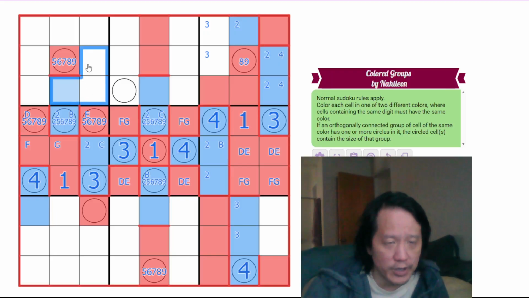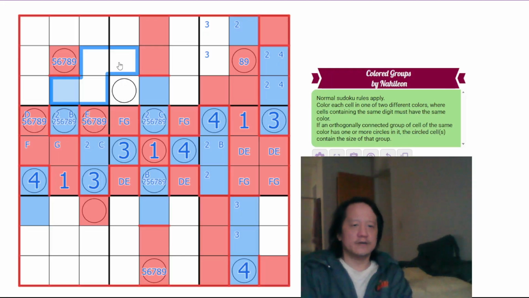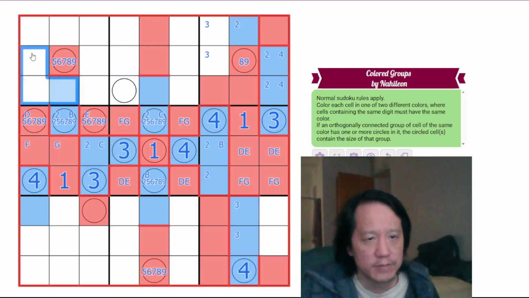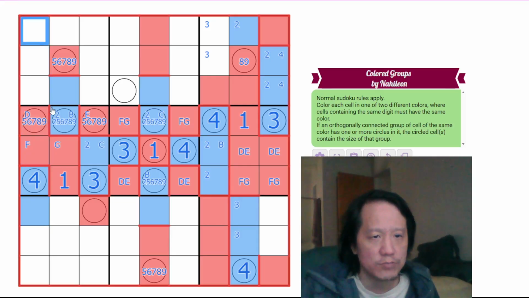This would be blue, blue at... I guess it could connect here. Oh. Dang it. Okay. If we try to go blue here, and then blue here, the problem is that's 4 blues already in column 1, so this would be red, and this would be blocked off, and this would have to have a 4 in size, which is not possible. So this cannot be blue. This is red.